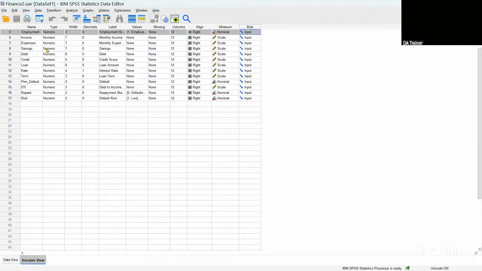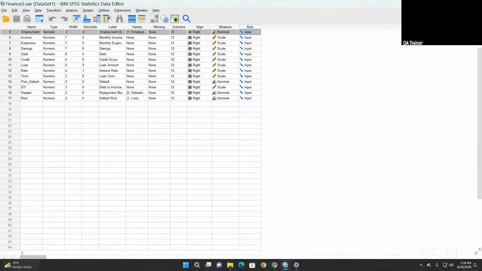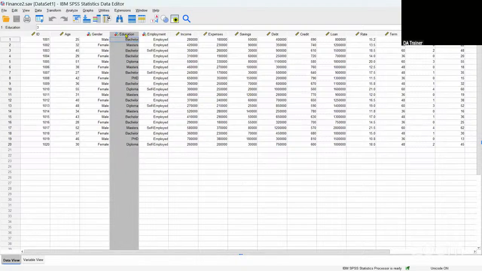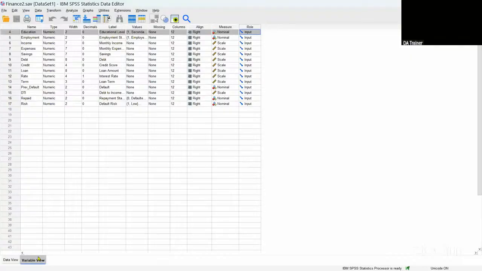If you want to edit a name, assuming you're on data view and you want to change education here to something else, even though you double click, it will take you to variable view for you to do those corrections, right? So variable view is where you do the corrections of the data type, with decimals and all that.